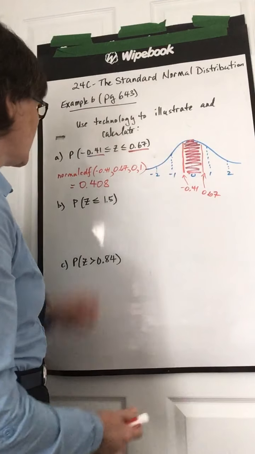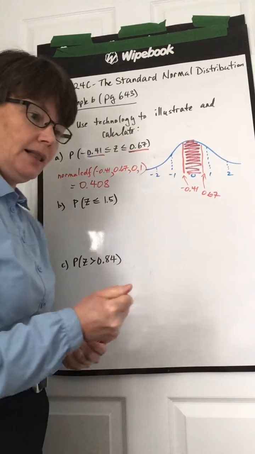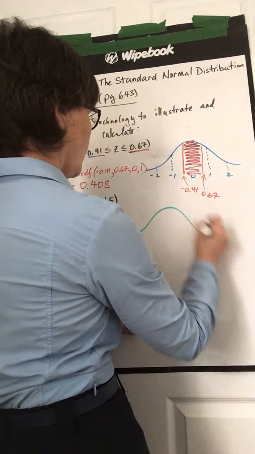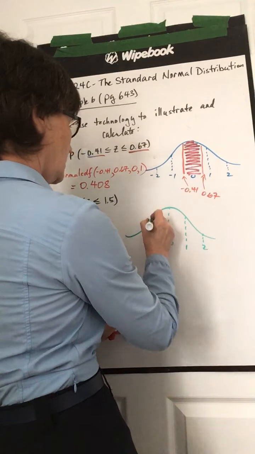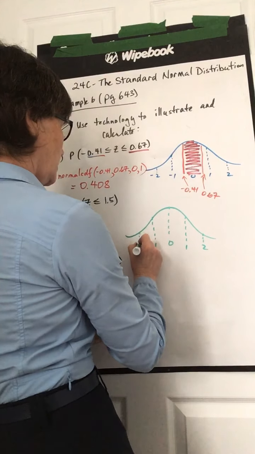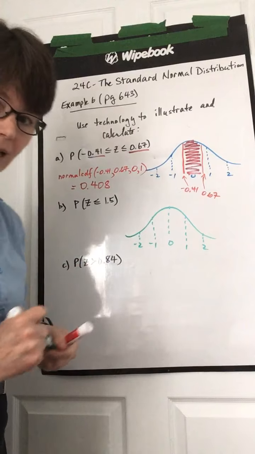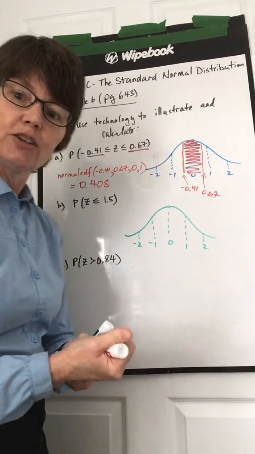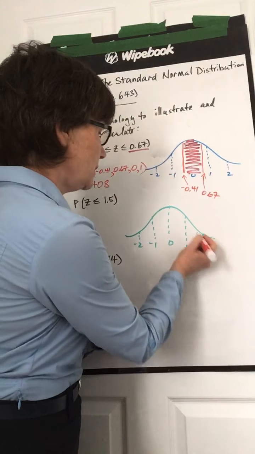Okay, second one, probability that z is less than or equal to 1.5. Again, let's draw our z distribution. 0, 1, 2, -1, -2. We want to be less than or equal to 1.5. Always a good idea to draw that distribution so you can be critical about what your answer is and make sure it makes sense for how big it is.